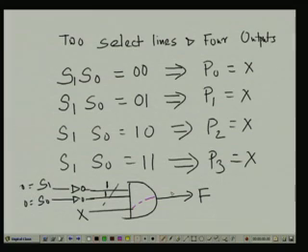So S1 S0 together will be treated as one input of the AND gate, that is 1, and so whatever value I give to x will be passed as it is to the output f.